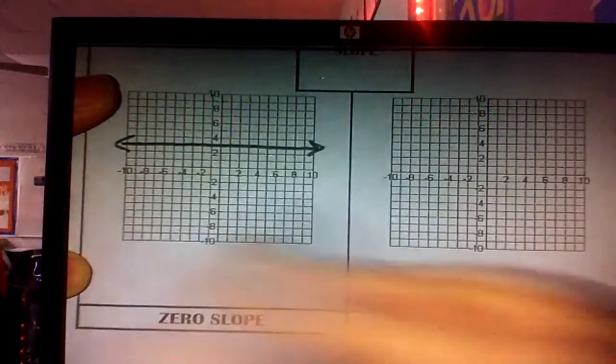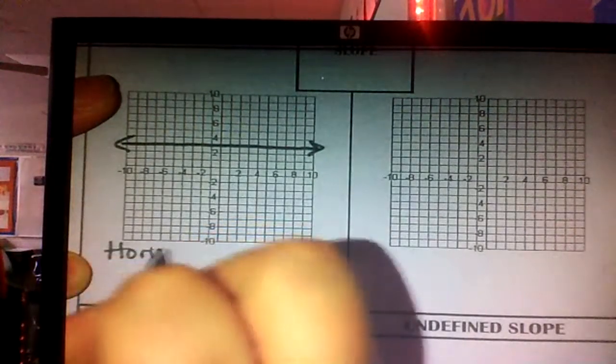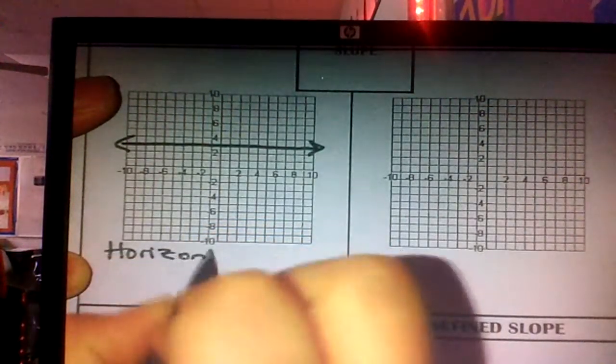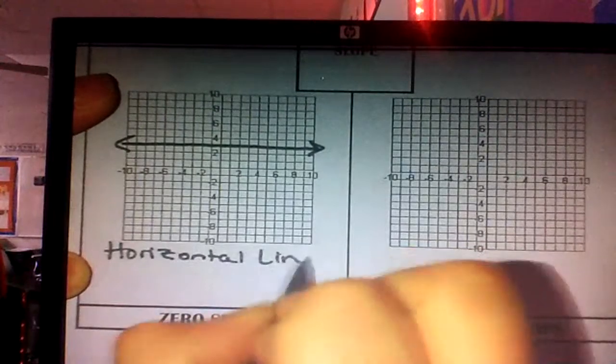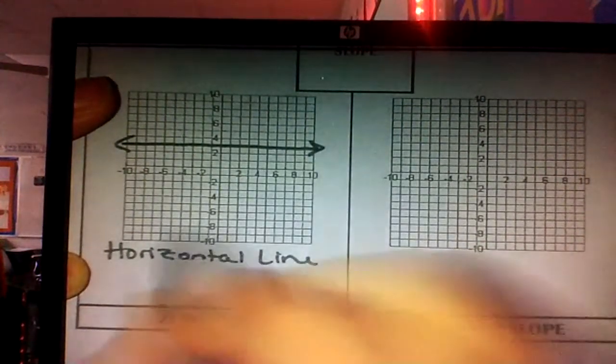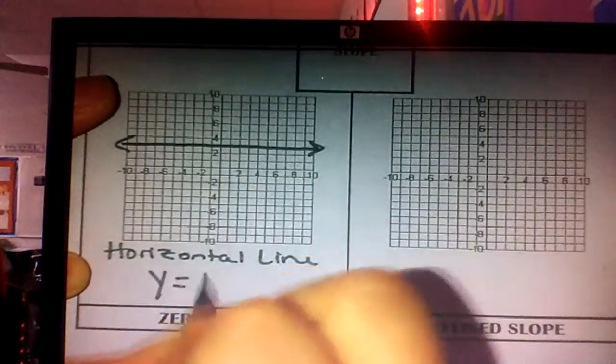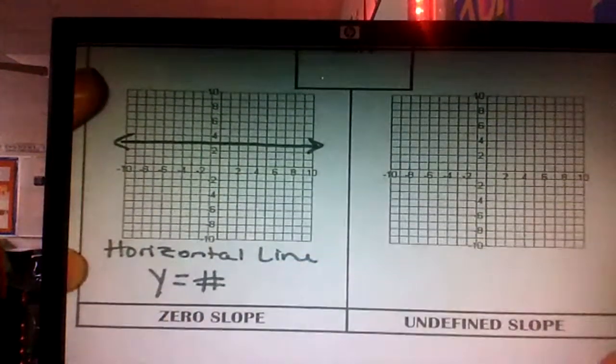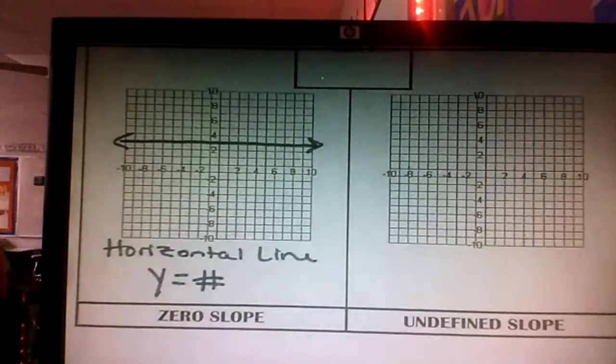So a 0 slope is a horizontal line, which means we have y equals a number. So anytime you see y equals a number, that is automatically a horizontal line. Okay. Your slope is 0.